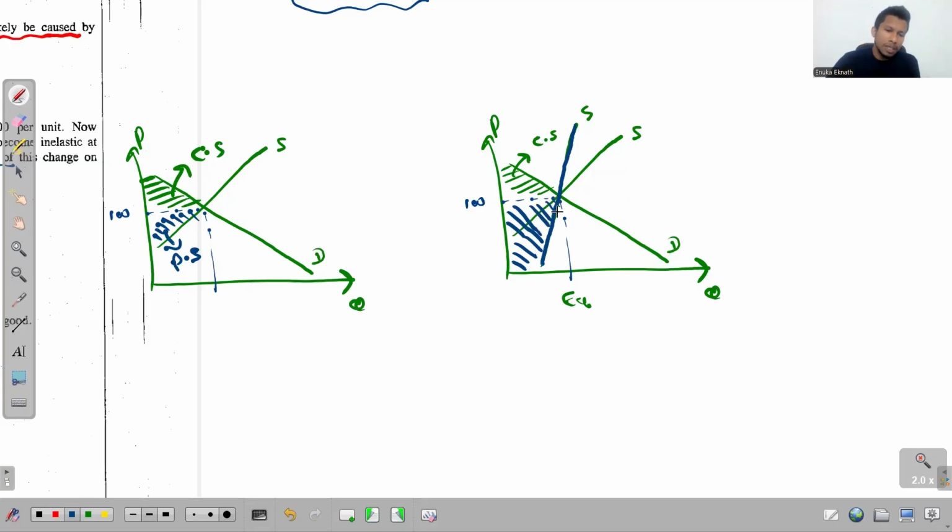See what has happened to this region that we have shaded in blue color. If you compare the first diagram with the second diagram, that blue region has increased, which means if the supply changes from being elastic to inelastic, nothing happens to the consumer surplus, but producer surplus has increased.